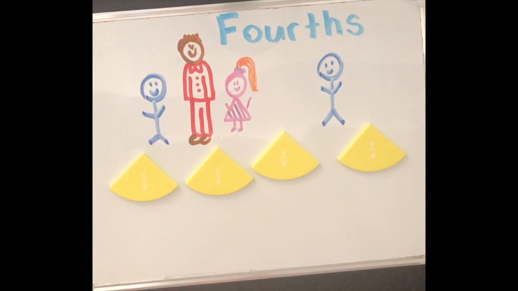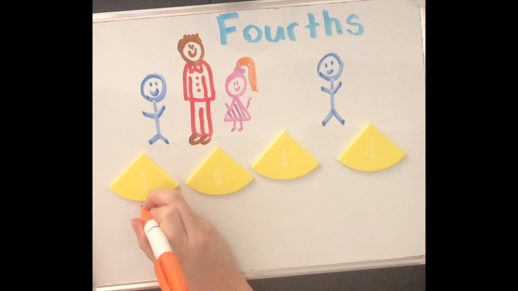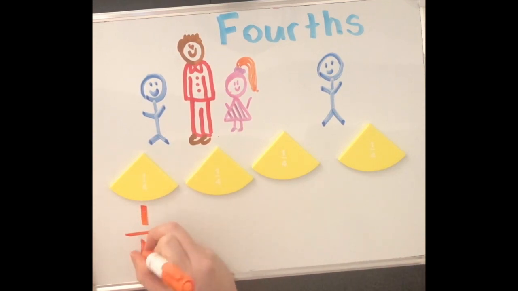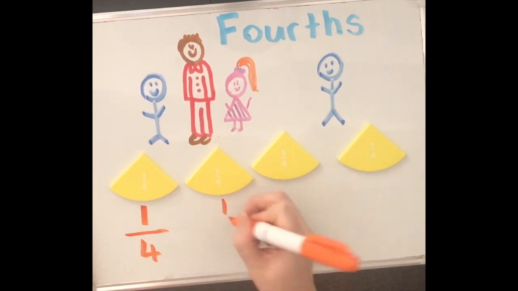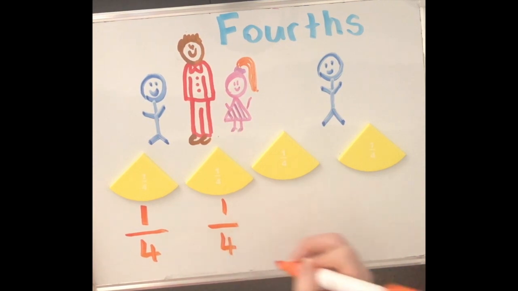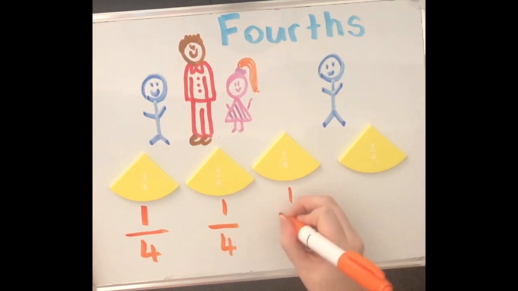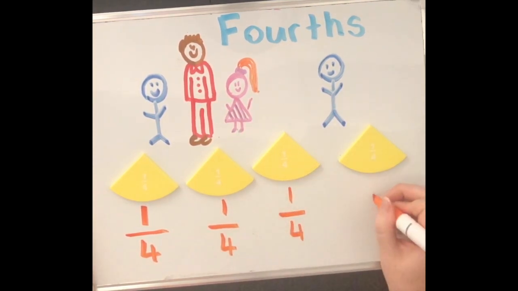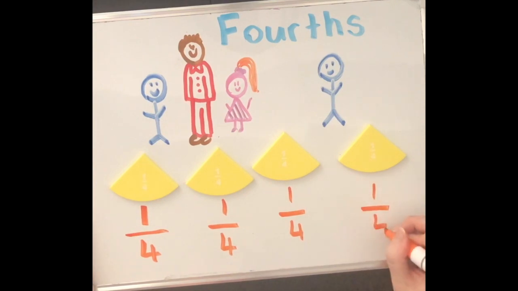They have 1/4 each. The way we write 1/4 is 1 out of 4. Dad has 1/4, Katie has 1/4, and Jerry has the last fourth. We should have 4 fourths to make a whole.